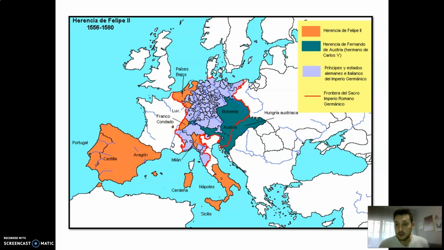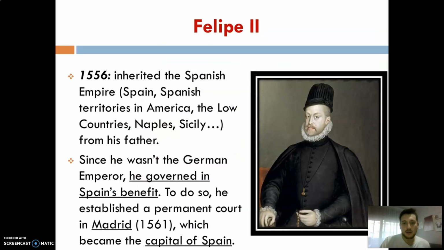Philip II will inherit all the territories in this orange color. Ferdinand will inherit the territories, as you can see, Austria, Hungary, Bohemia. Also, as I told you, the option to be the Holy Roman German Emperor.